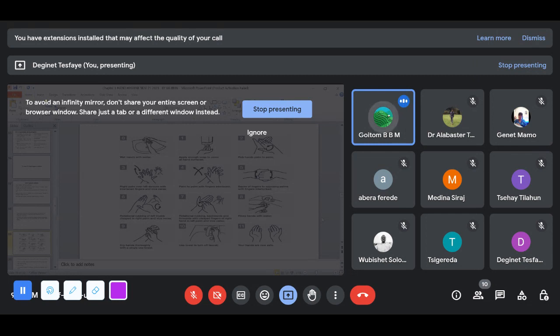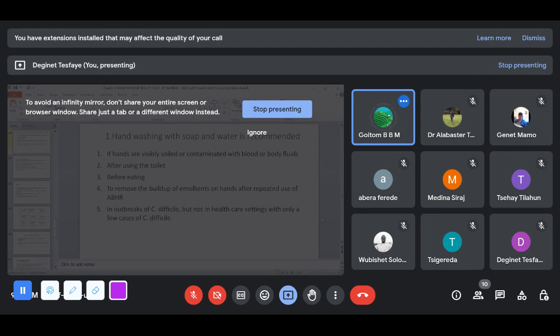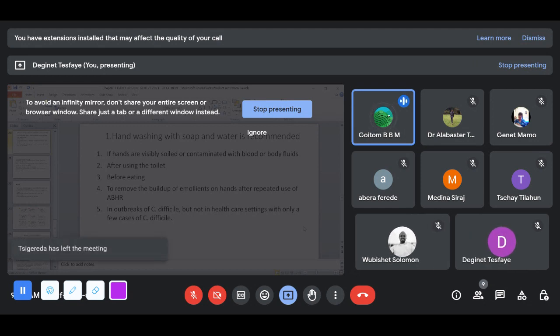Hand washing with soap and water is recommended if hands are visibly soiled, after using the toilet, before eating, and to remove the buildup of emollients on hands after repeated use of alcohol-based hand rub.